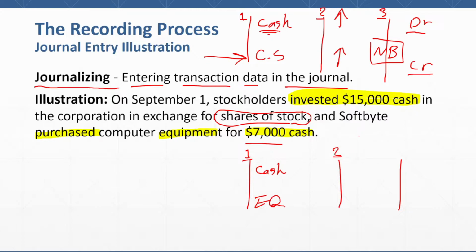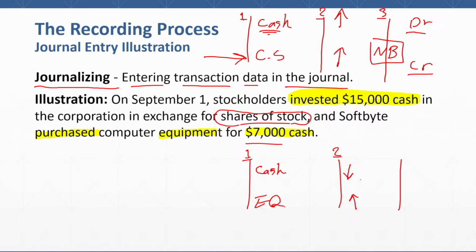We have purchased something and we paid cash. So we gave up our cash. Our money is decreased. But in exchange for that cash, we have received a new computer. So equipment is now higher. We have more equipment in our company. So it goes up. It is increased.